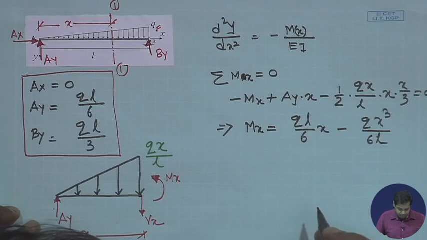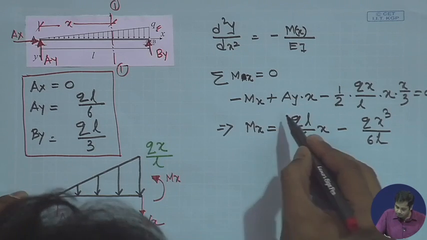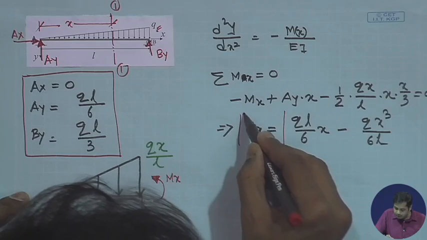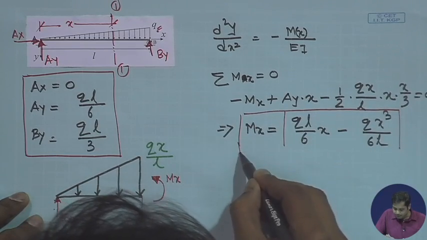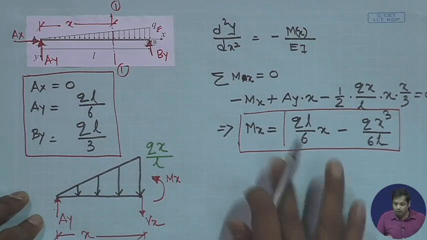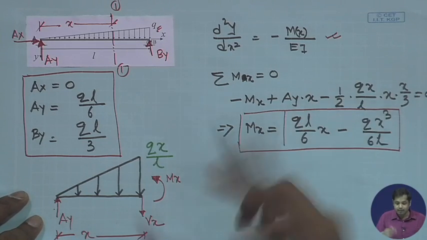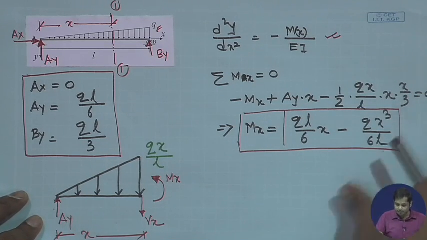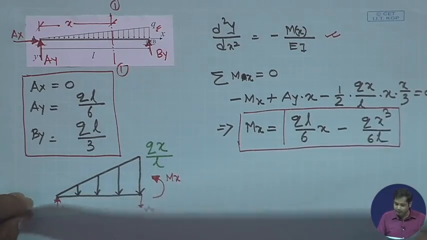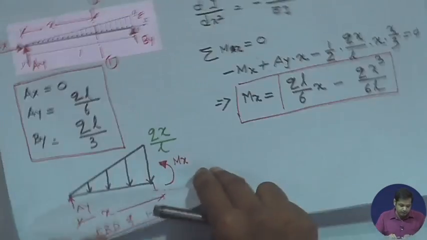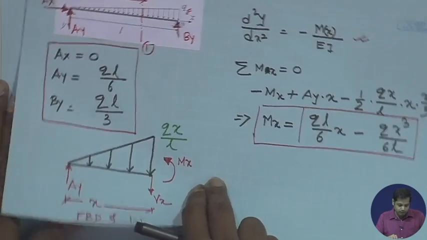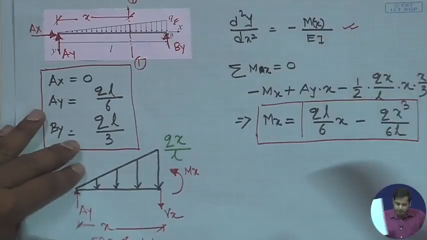So this will be the expression for Mx. Now this expression needs to be substituted in this equation and then integrated. Let us do that. If we substitute this expression in this equation, what we have is this.